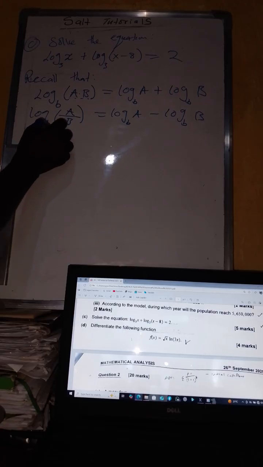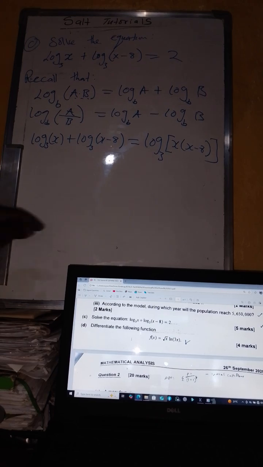So what am I going to have? I'm going to have log 3x plus log 3x minus 8 can be written as the log base 3 of, in brackets, x multiplied by x minus 8. That is what is going to happen because these two are basically coming from a summation of a multiplication. Are we okay?